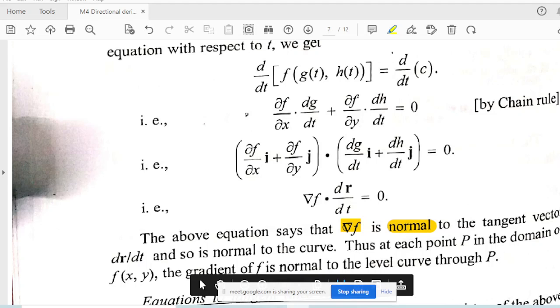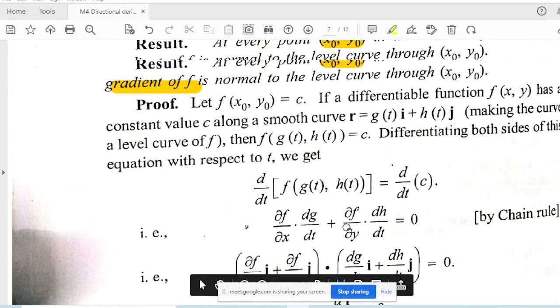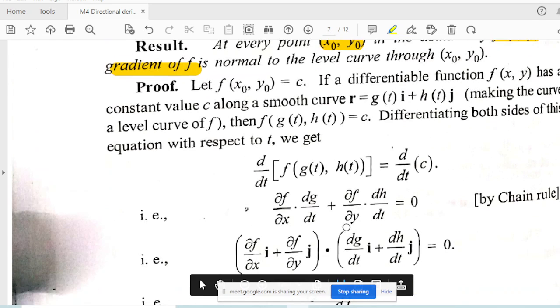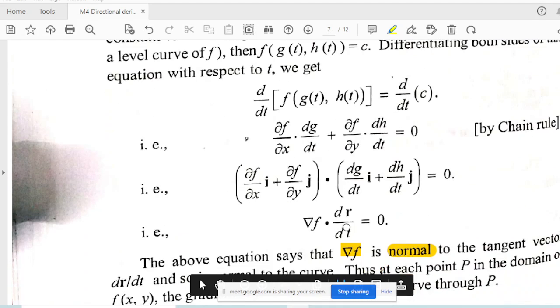That is the concept here. So to prove that, it is enough to prove that nabla f and the tangent vector dr by dt are perpendicular to each other. If we can prove that, we can say nabla f is normal to our level curve.